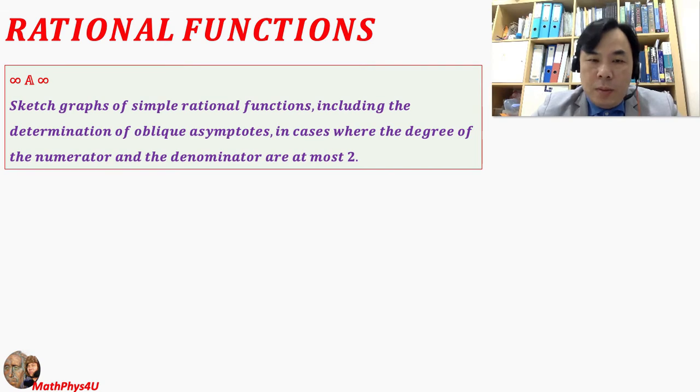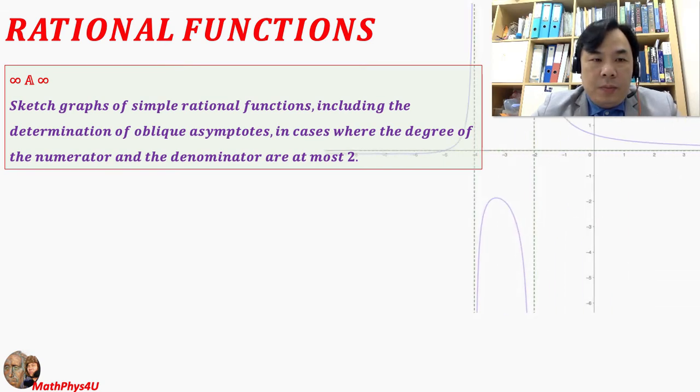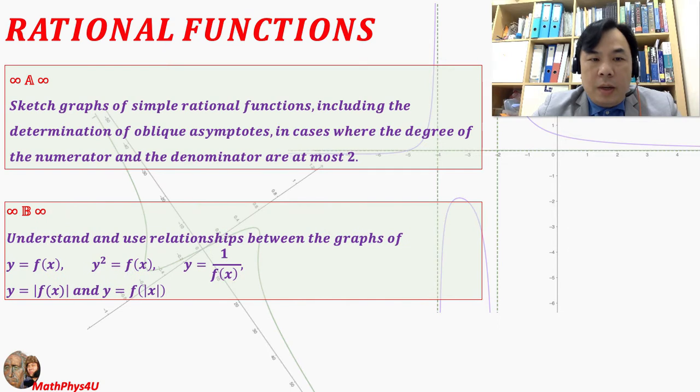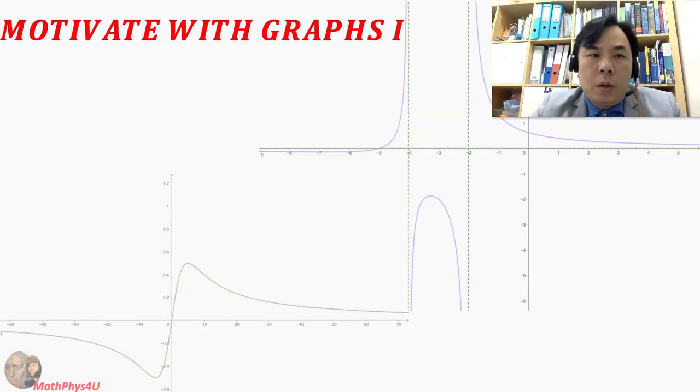Our second objective is to understand and use the relationship between graphs of y equal to f(x) or y squared equal to f(x), and so on and so forth. Section B is all about transformations. We're going to start off by looking at the motivations behind the use of graphs. We're going to look at section 1 of the usage of the graph.